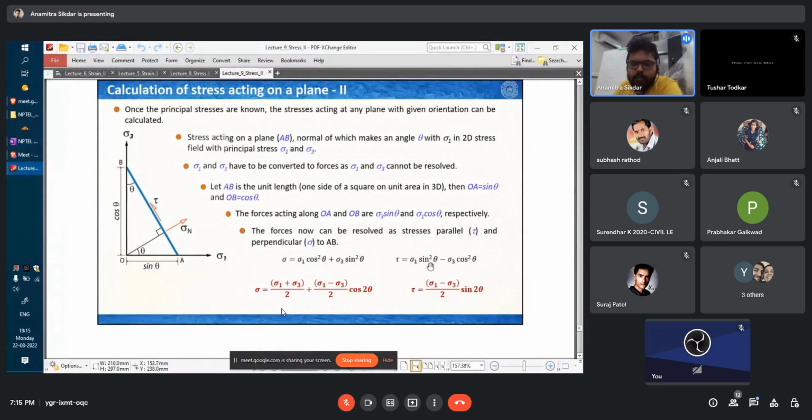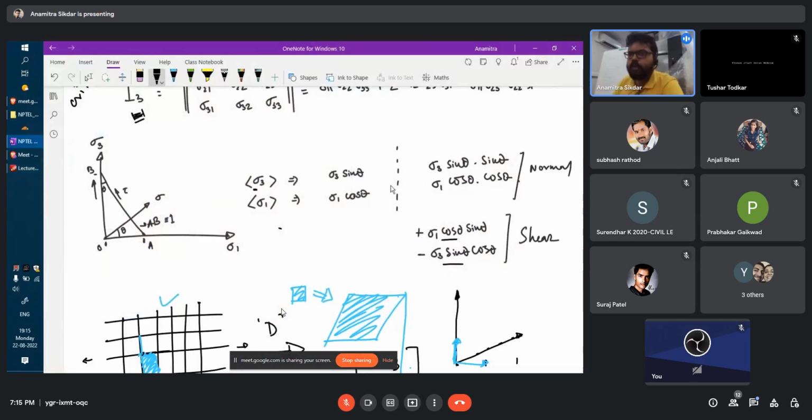So sigma 1 times sine theta cos theta minus sigma 3 times sine theta cos theta. Just that. Otherwise it's simply written here how to get these equations. If that is okay, I'm not going to explain this; otherwise I'll explain that. Yes, sir, please just tell us the correct one.